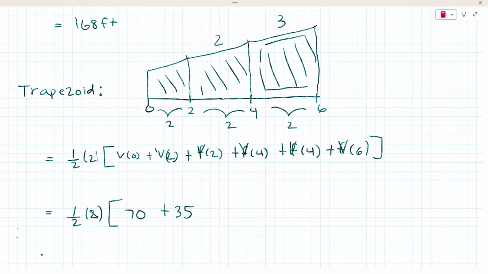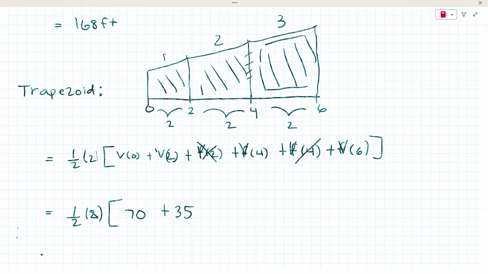I just realized something. Because they share sides, this is off. For example, for v of 2, trapezoid 1 shares a side with trapezoid 2, so you don't have to do it twice. So you just find v of 2 and then v of 4, and you don't have to repeat the 4 because they're sharing a side.